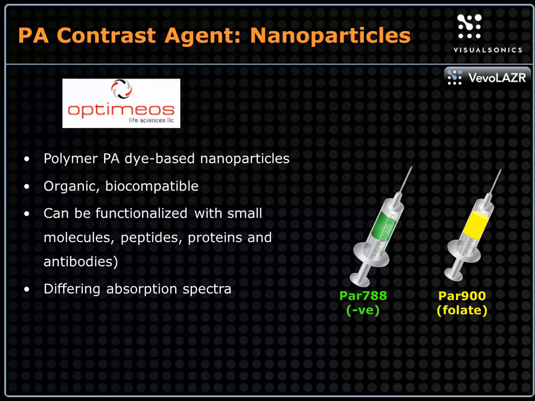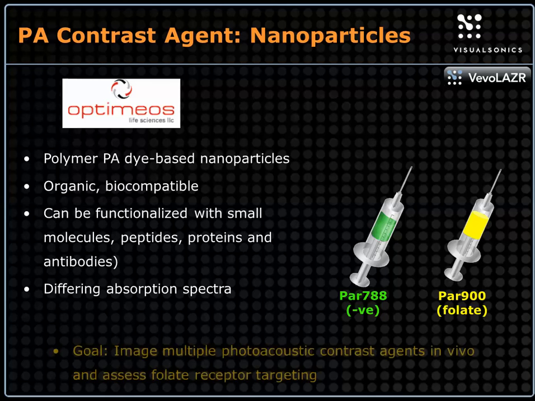The second thing is the PAR 900s are folate targeted. So they're targeted to the folate receptor, and we're hoping to see that this targeting actually enhances the retention of that nanoparticle within a tumor which overexpresses the folate receptor. And that's a KB tumor type.